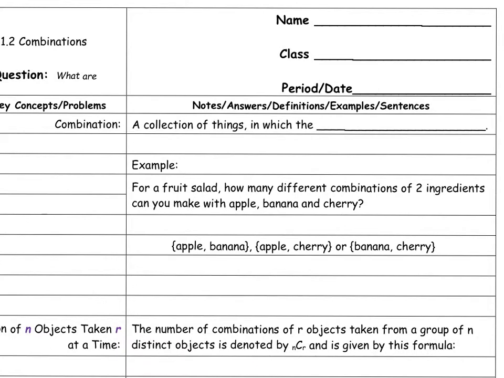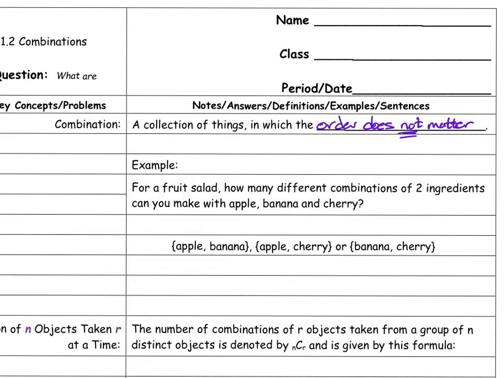So a combination is a collection of things in which the order does not matter. Remember, permutations, the order mattered.